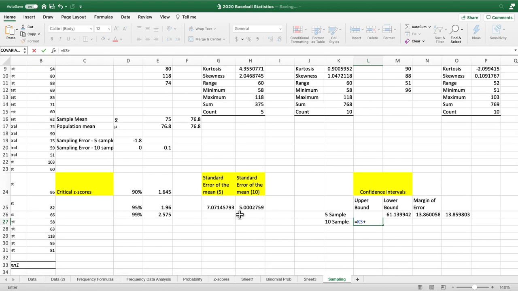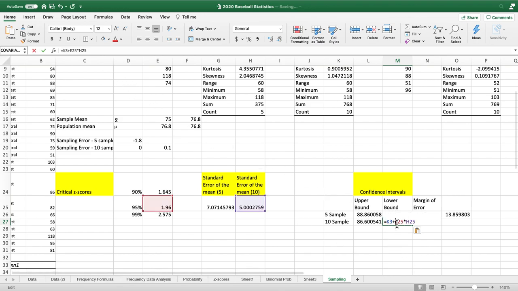Then we add our critical z-score of 1.96 times our standard error of the mean, and we get an upper bound of 86. We copy and paste that formula, changing the symbol to subtract instead of add, and we get a lower bound of 66.